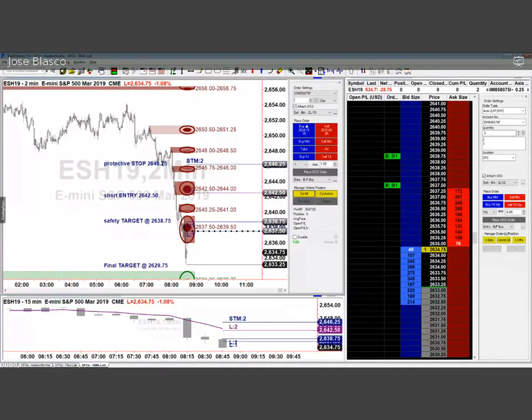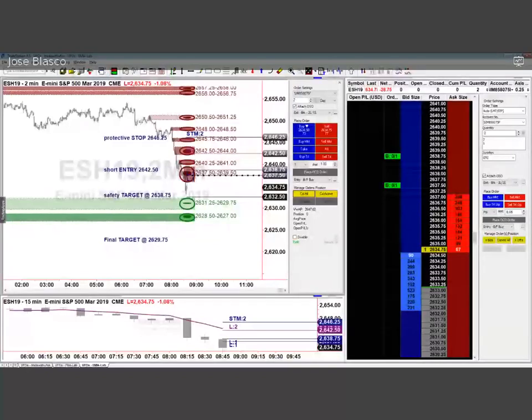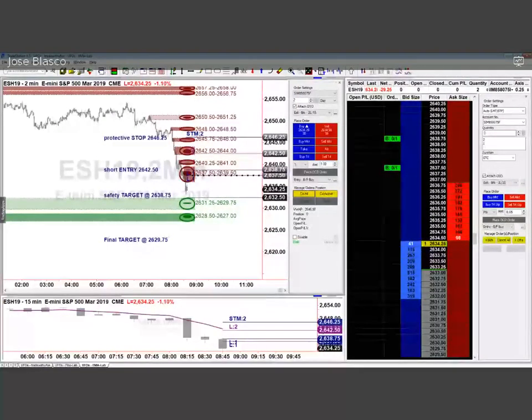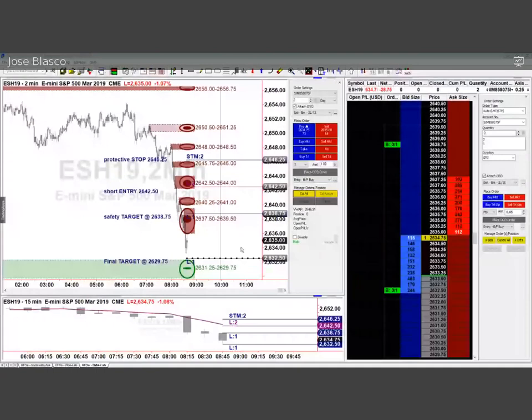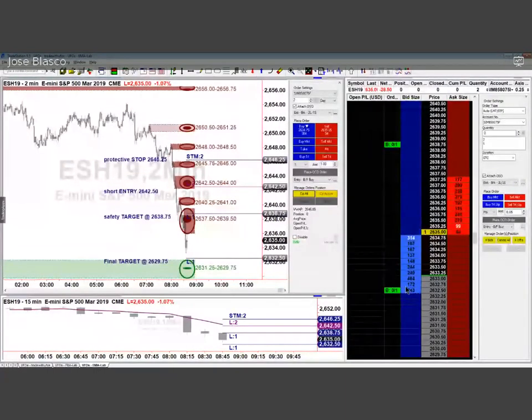I went way too fast with my mouse. $29. Okay, I think I'll rectify it later with the matrix. $29.75.